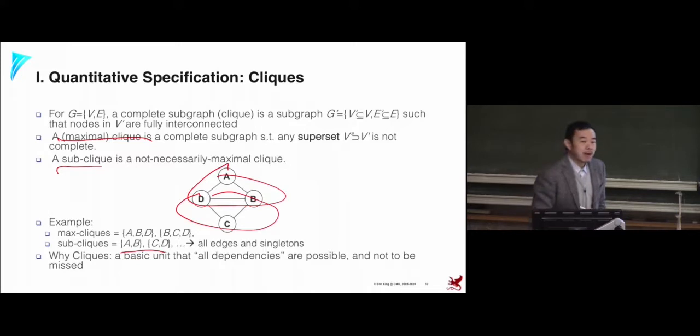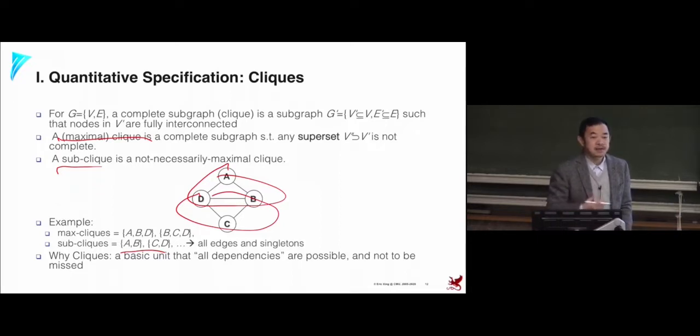So why do we care about cliques? In a graph, why don't we just start from the nodes and edges like we did in the earlier class, but now raise ourselves to the clique as a unit? Well, in the future you will realize that graphical models, from an orthodox probabilistic standpoint, are used to model dependencies and independence and so forth.